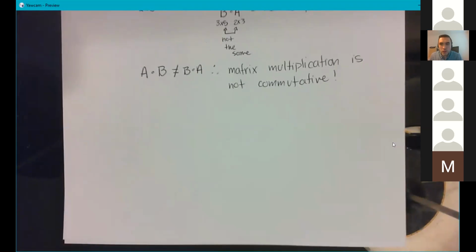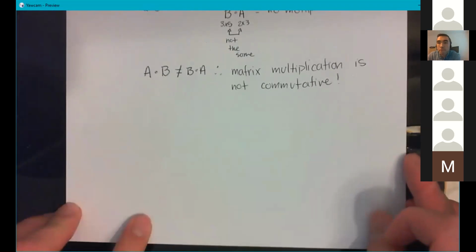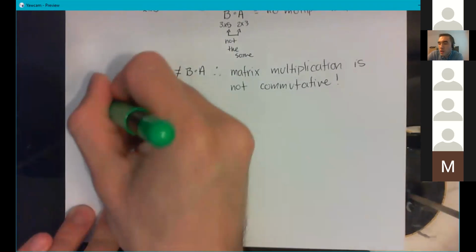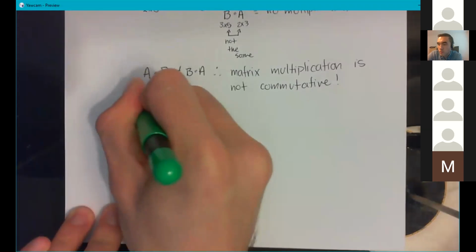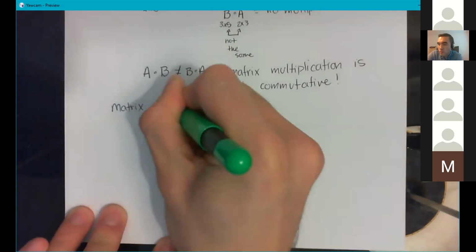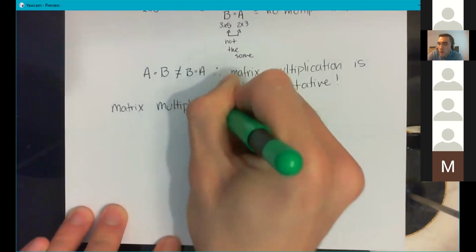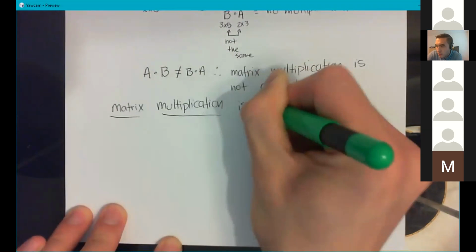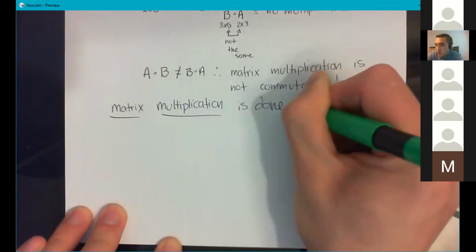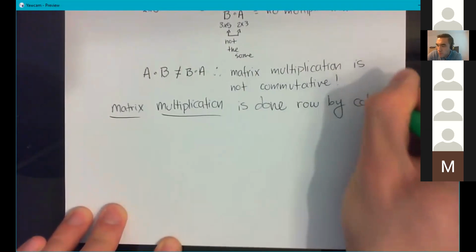The same way that when writing down the size of a matrix we are interested in the number of rows by the number of columns, matrix multiplication is done the same way. It is also done row by column.